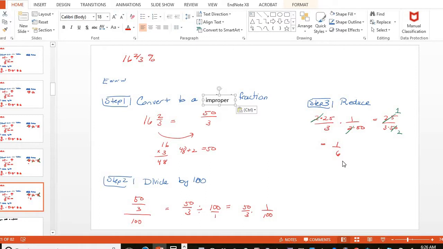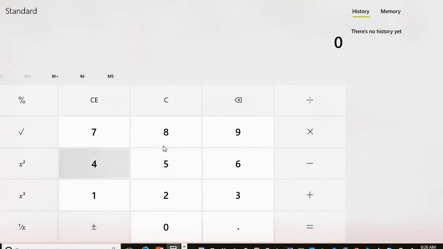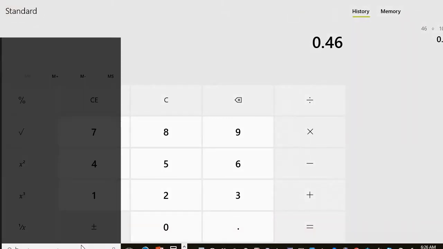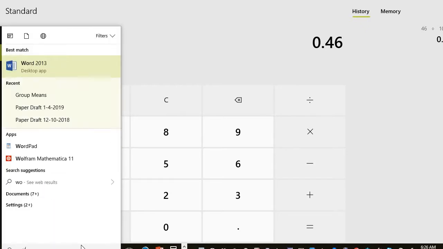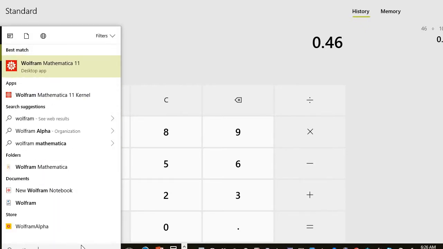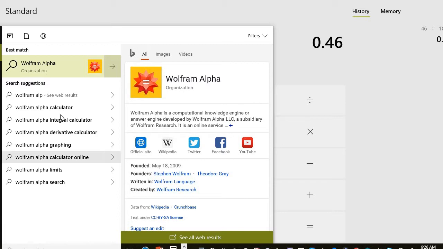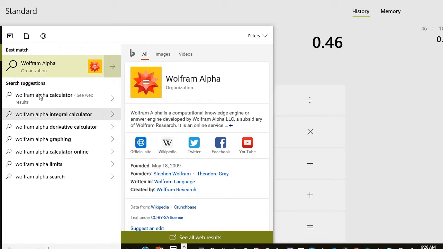So if I have 46, let me show you something here. If I wanted to know that as a percent, I would just divide it by 100. And I get 0.46. Now, if I wanted to know it as a fraction, let's pull up Wolfram Alpha.